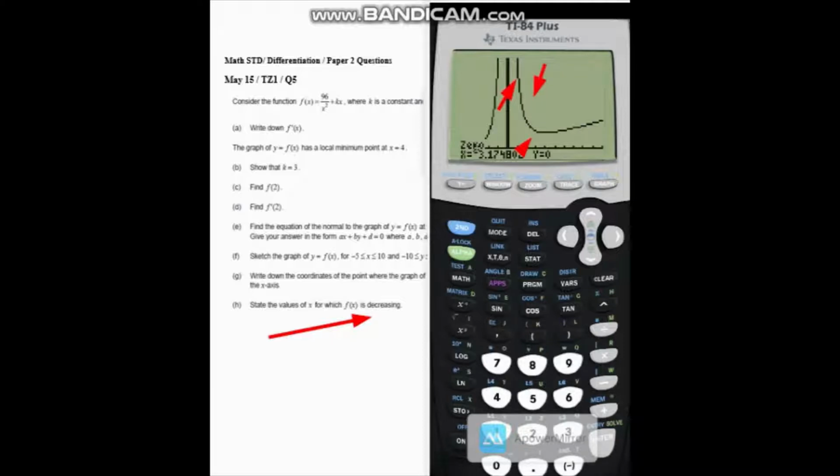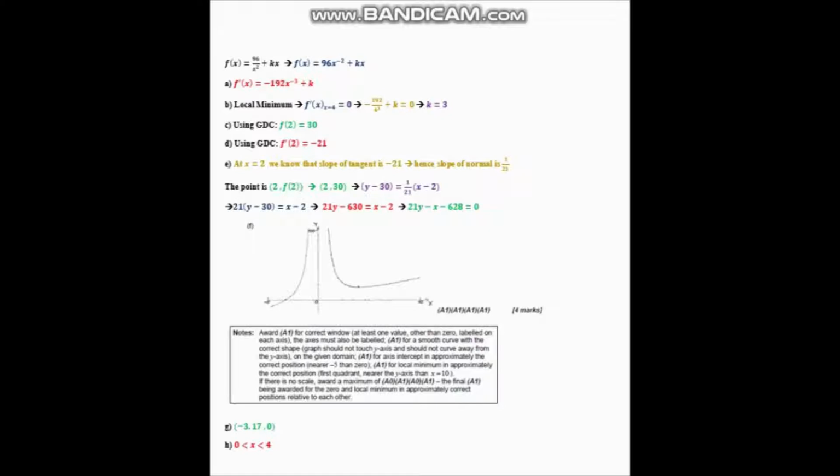So we know the coordinates of the minimum point, hence we can just say from 0 to 4, because 4 is the x coordinate of the local minimum point. So this is the interval where the function is decreasing.